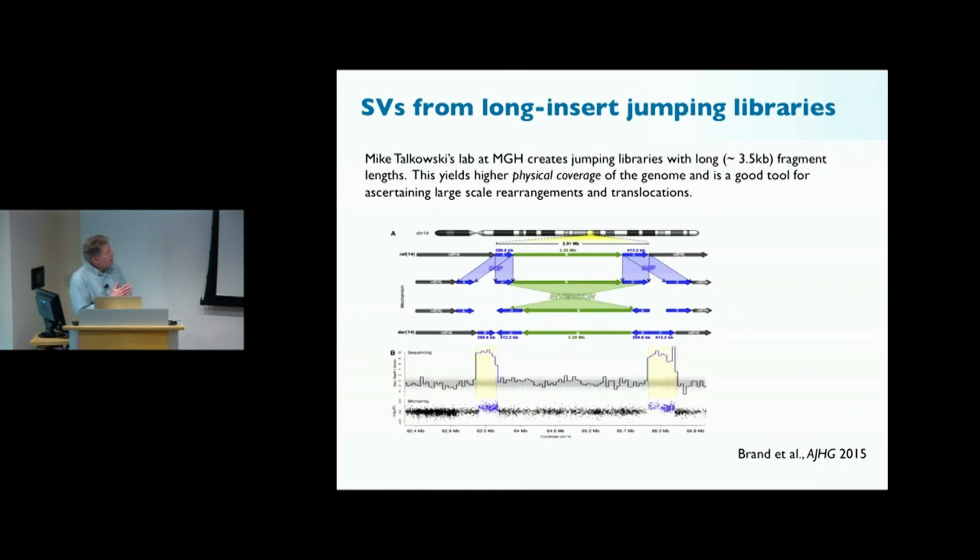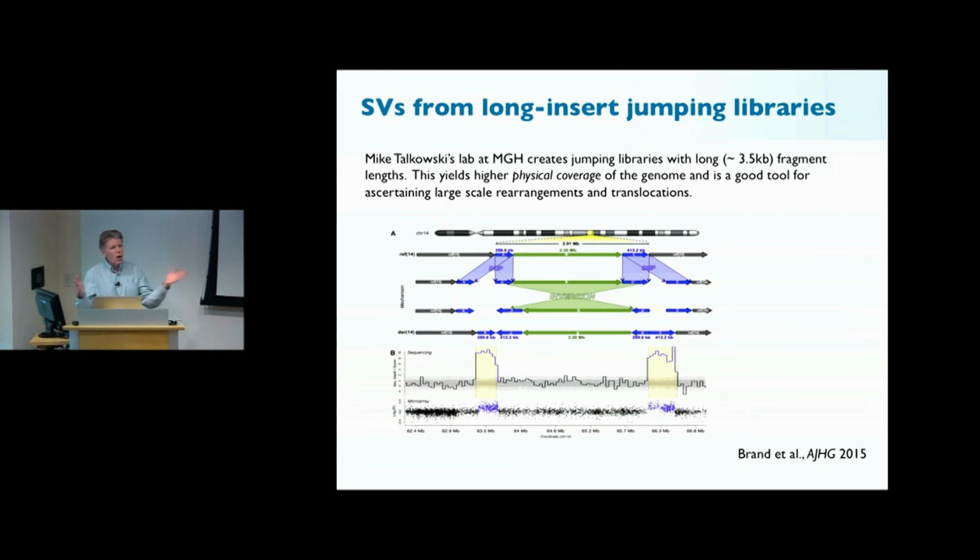Another technology you can use to get at structural variation is long insert jumping libraries. The Talkowski Lab has certainly been one of the leaders and is very experienced in building these kinds of libraries. The idea is, if you think about using read pairs to detect structural variation, looking for rearrangements of the read pairs, you're limited by when the read pair actually lands over an interesting part of a structural variant.